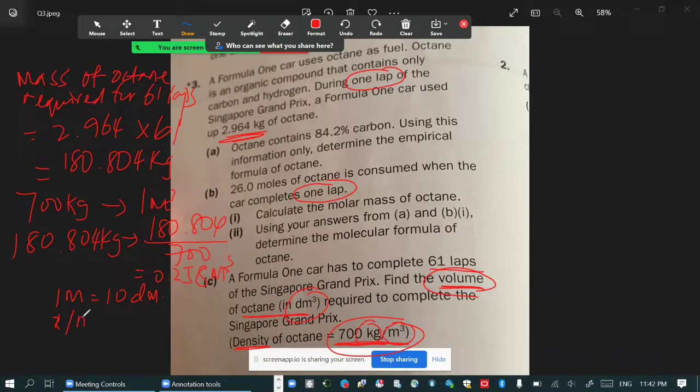So 1 cubic meter is 10 times 10 times 10, which is 1000 dm cube. Very straightforward. So the volume of octane would be 0.258 cubic meter times 1000, which changes it to dm cube: 258 dm cube.